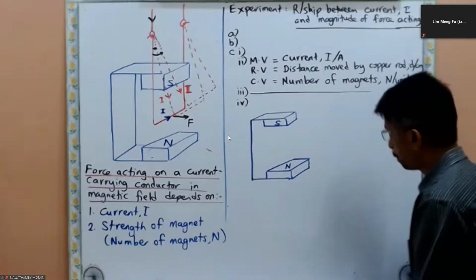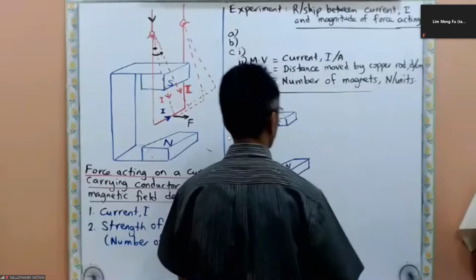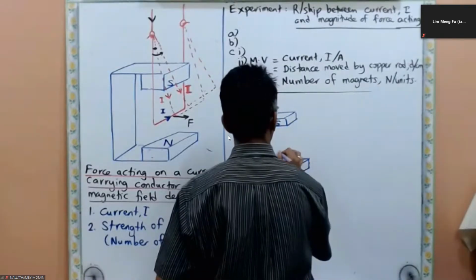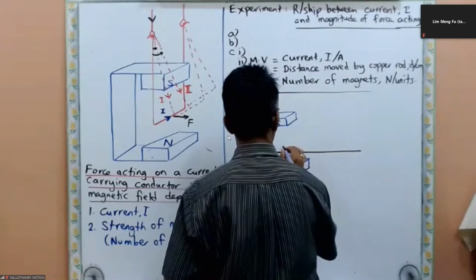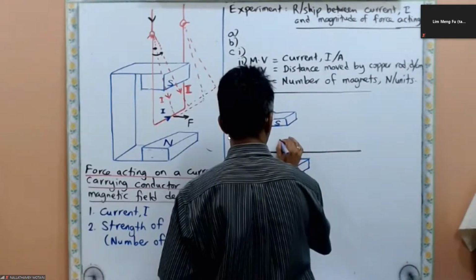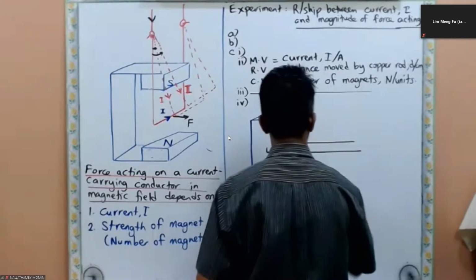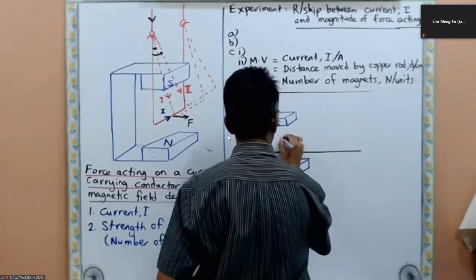So we place two thick copper wires or copper rods.